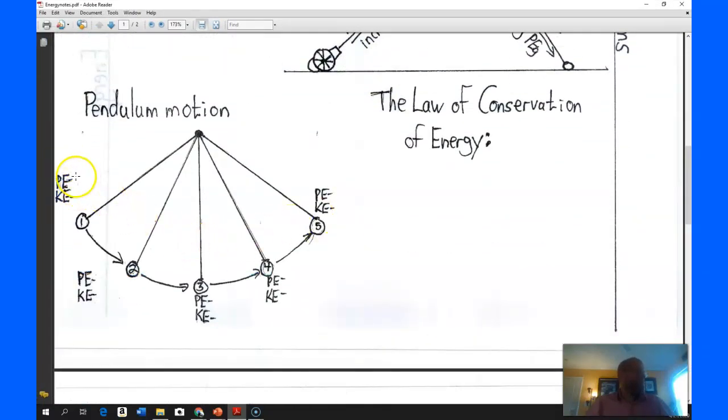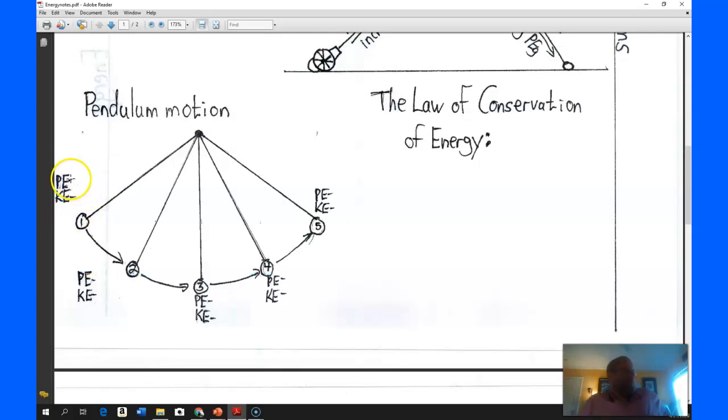All right, so at position 1, that's as high off the ground as it gets. You've been a pendulum before, all right? You've swung in a swing before. Please tell me you were in a swing at least once in your life.